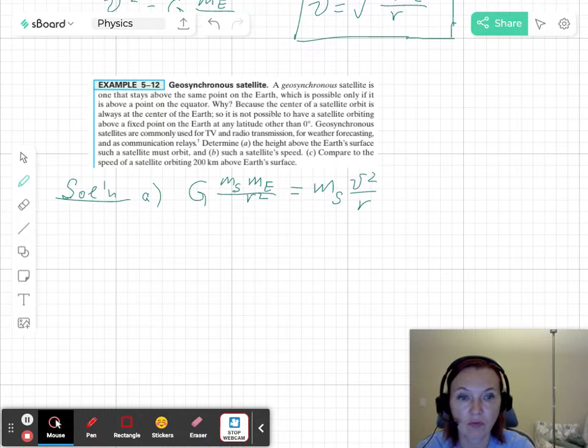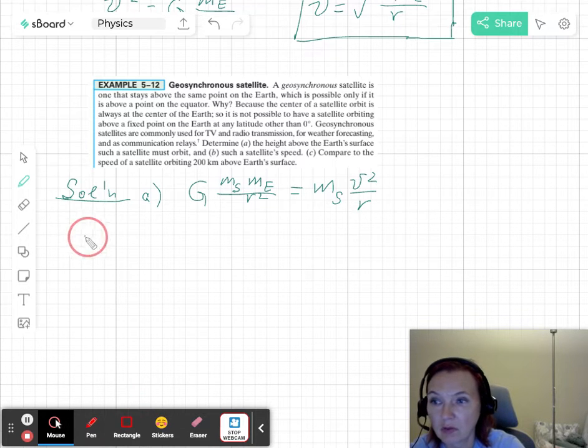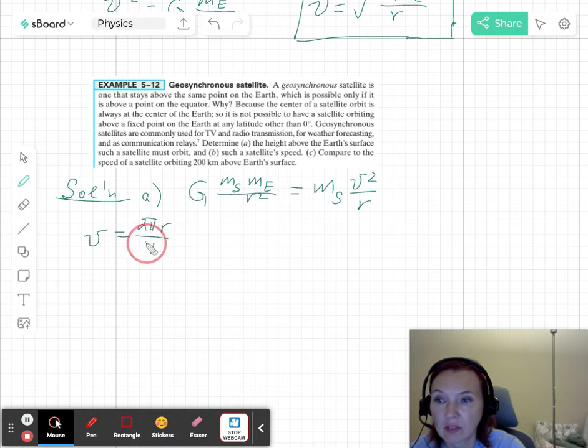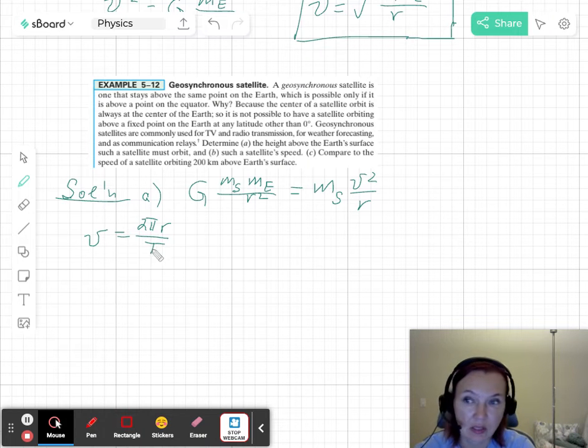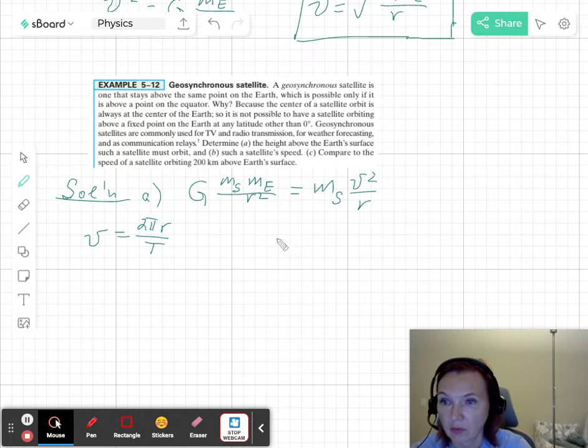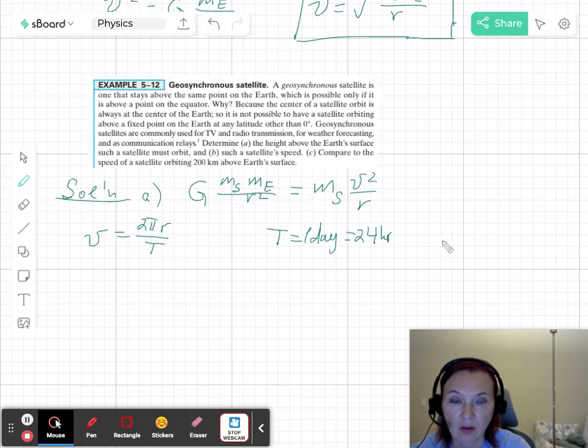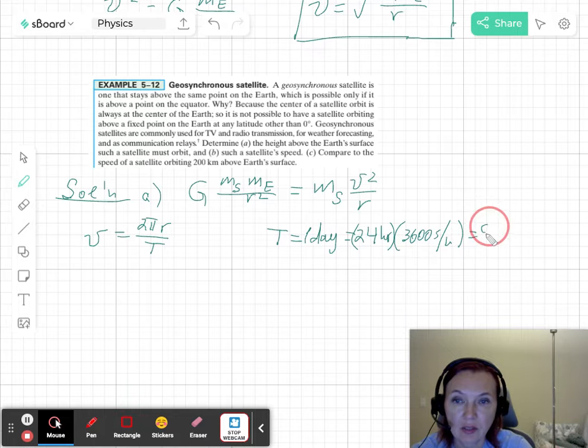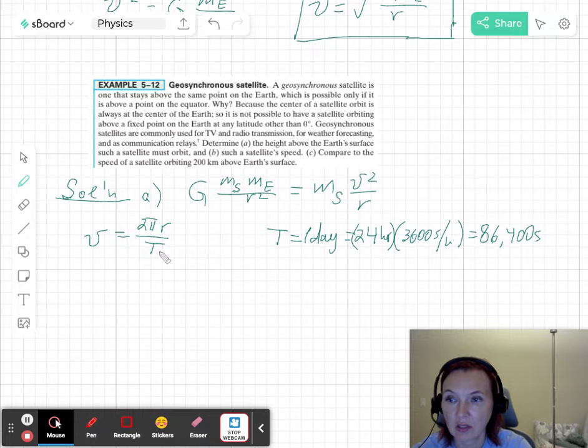The Earth rotates in 24 hours, which means that the speed of the satellite has to be 2 pi r over T, where T is 1 day, which is equal to 24 hours. And then we know that it is 3,600 seconds per hour, so that is 86,400 seconds. So that is the period.